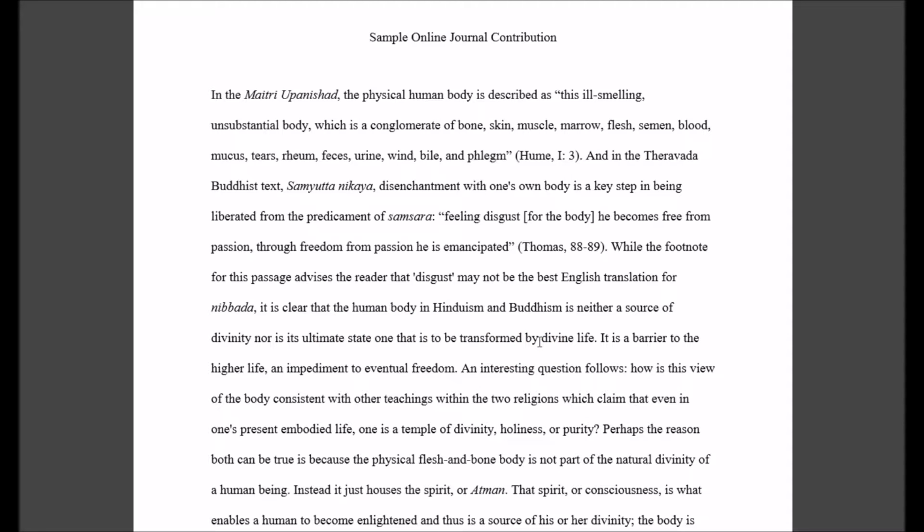So the divine life is that emancipation, that freedom from samsara, from passion. Okay, so the human being is being transformed by that divine life, but the body is not. So the body is not part of that picture of divine transformation. That's the claim there. Very, very good.